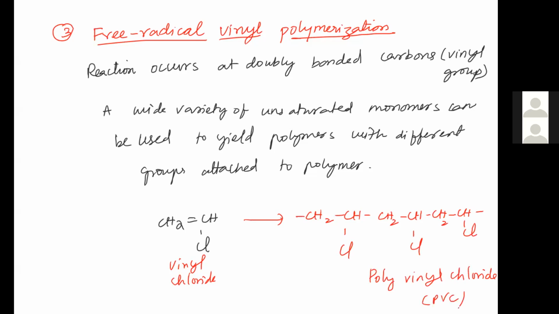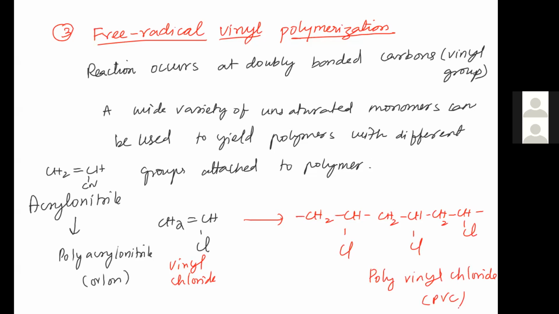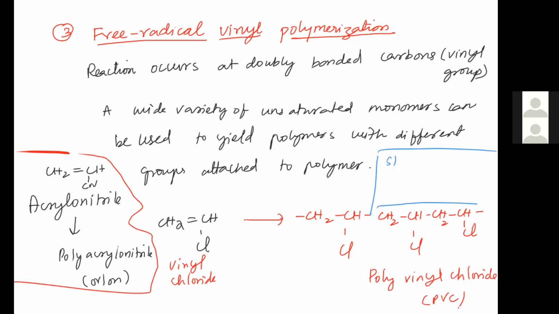Similarly, I can tell you from acrylonitrile, which looks like CH2 double bond CHCN, we are going to have polyacrylonitrile, which is called Orlon. Third one I want to write here, from styrene, which is CH2 double bond CH, C6H5, we have polystyrene. These are from vinyl polymerization.